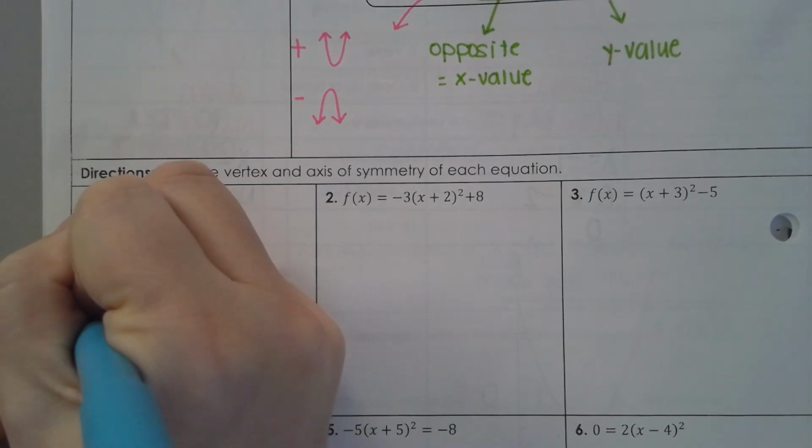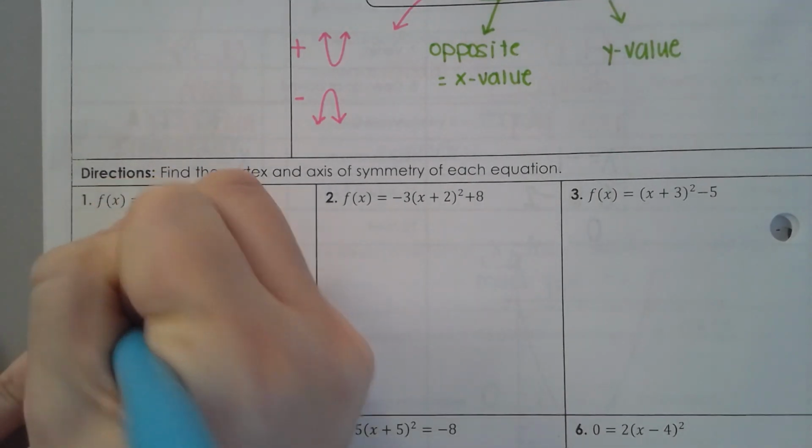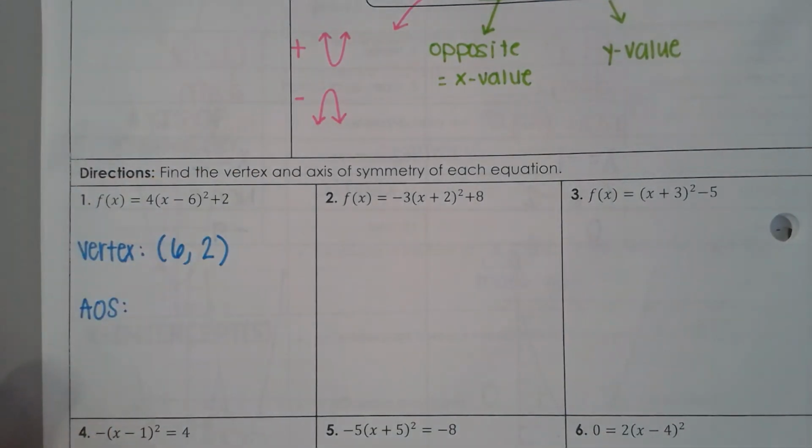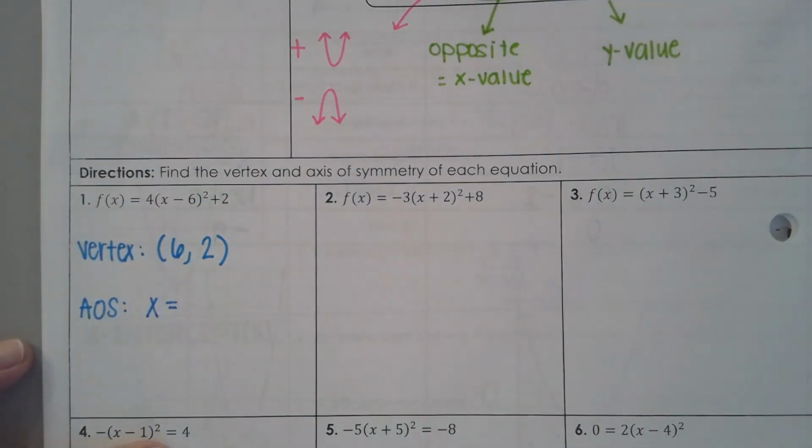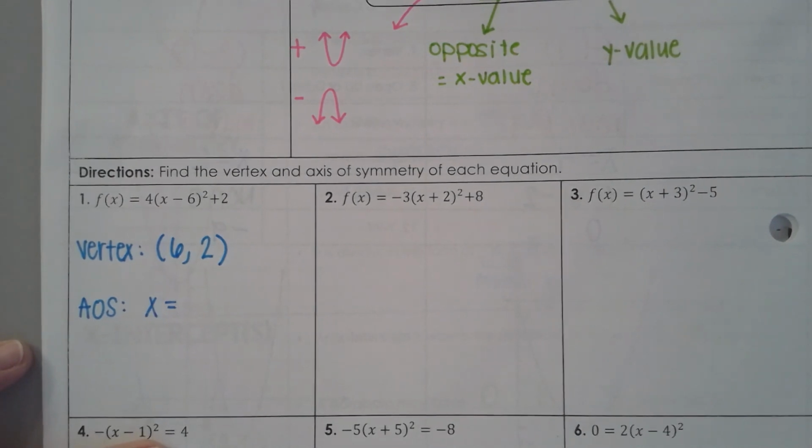What would my axis of symmetry be? Any ideas? What's it start with? X equals, and then it's the x value of your vertex, which is 6.